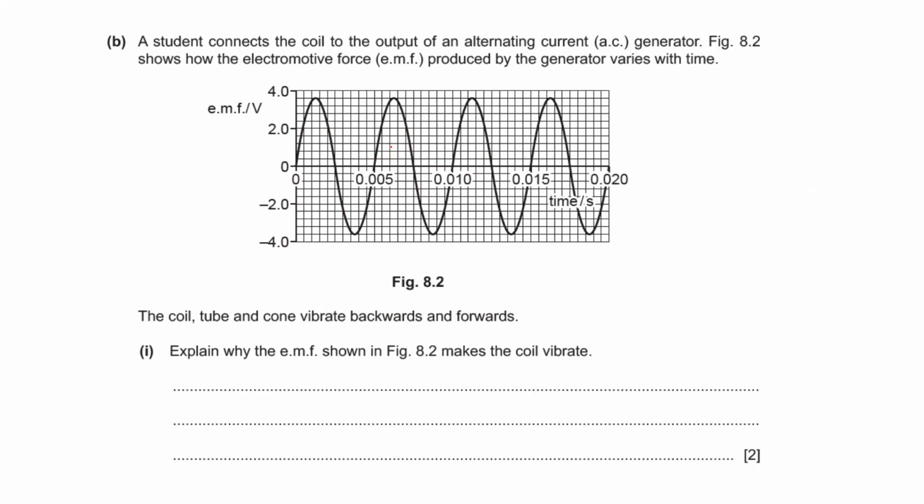If there is a time varying current across a magnetic field, that creates an oscillating or time varying force on the cardboard tube, and that results in oscillations of the coil back and forth, and that is the cause of vibration.